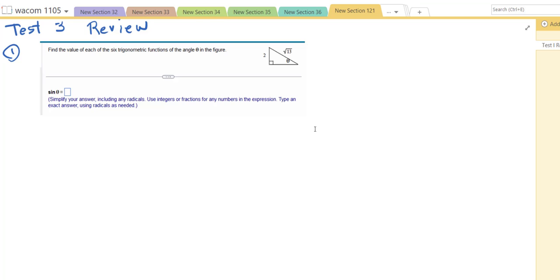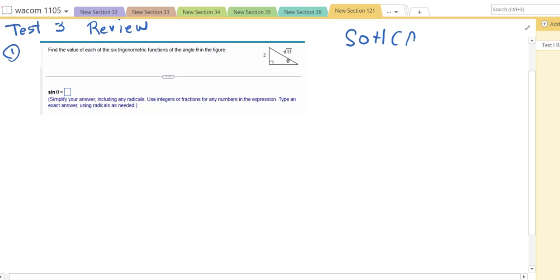Alright, so we're going to do a few problems for review for your test. So first of all, make sure that you know all the trigonometric definitions here. If you have a right triangle, you want to make sure that you have memorized SOHCAHTOA.